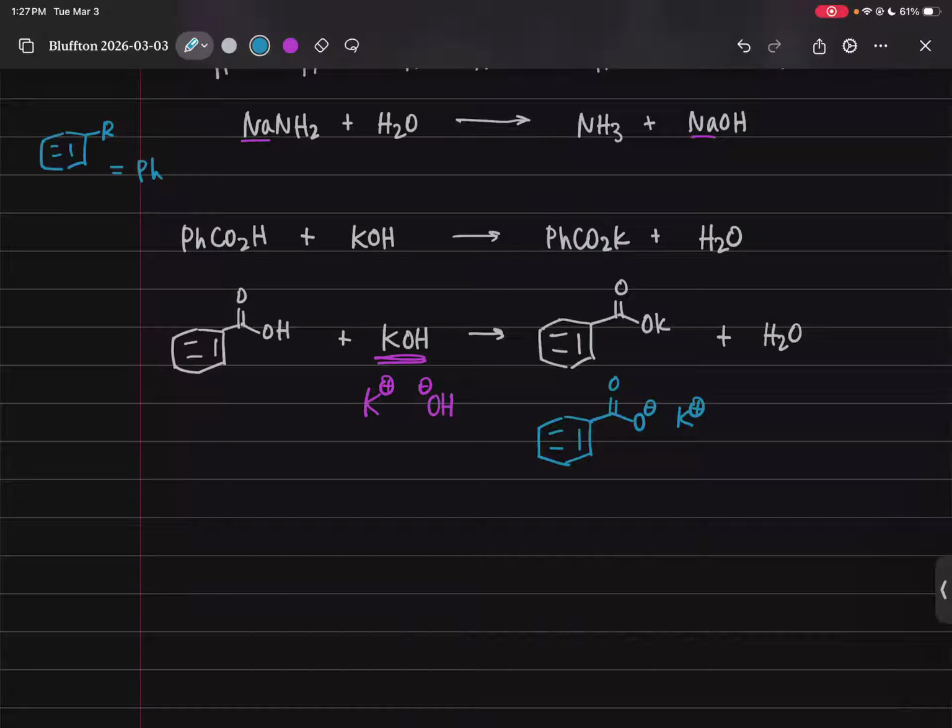This is a very common way to write this, in this case benzoate. Any carboxylic acid salt is written by putting the metal cation on the oxygen, just like it's a hydrogen. I know that sounds like a method devised intentionally to trick you, but it's not. It's just so we don't have to write the negative and the positive charge.